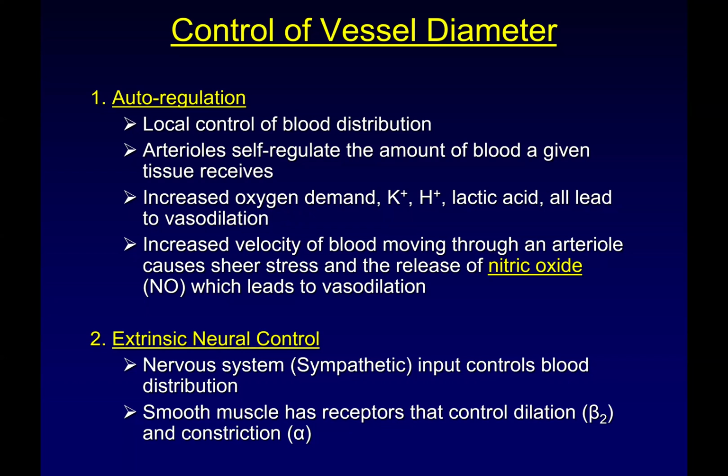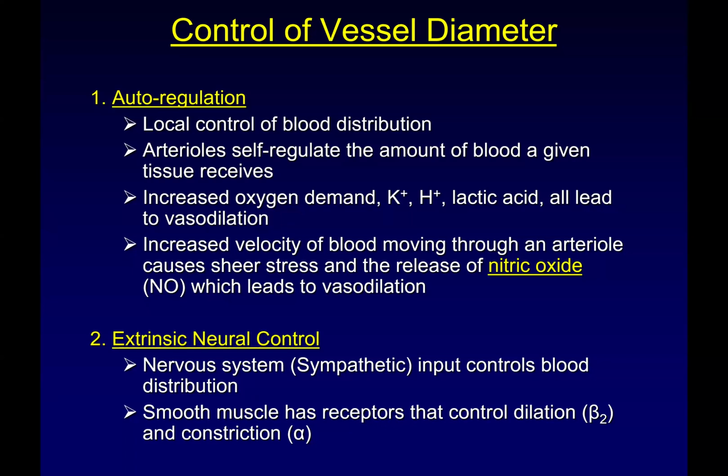And the cool part about this is that all we have to do is release one response. It's the same epi and norepi, but because of the differences in receptors, you get different responses in different tissues. So you don't have to send this to this tissue and something different to a tissue over here. It's the same thing. You just get different responses. So in that way, it's kind of cool.